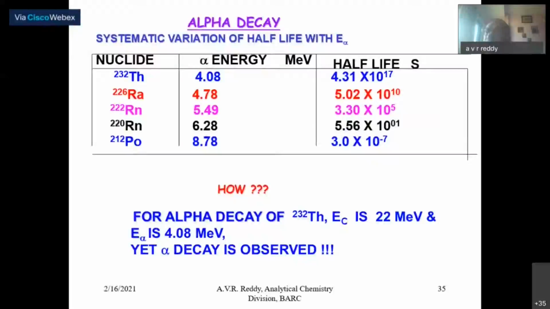And once the mass crosses 200, those nuclides in principle are unstable towards alpha decay. I have taken the data of 5 nuclides here: 232 thorium, radium, radon, another radon isotope, and polonium. Their decay energies I have given here.